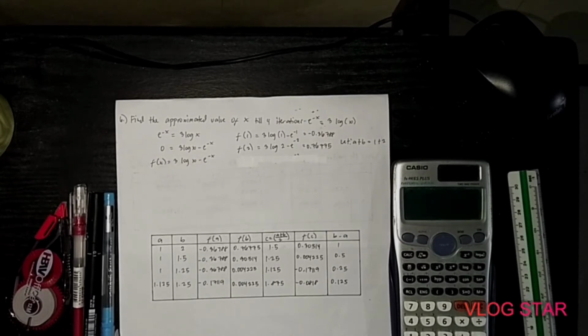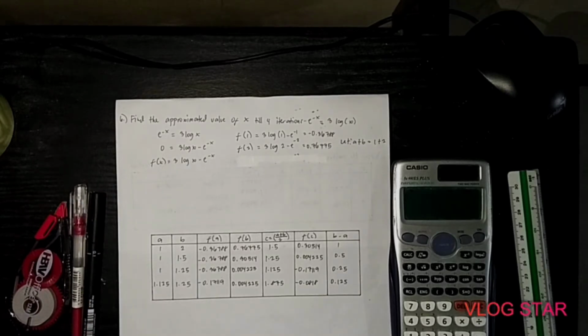Find the approximated value of x till 4 iterations of Euler's number raised to negative x is equal to 3 log of x. So now let's simplify this equation and let this be equal to f(x).